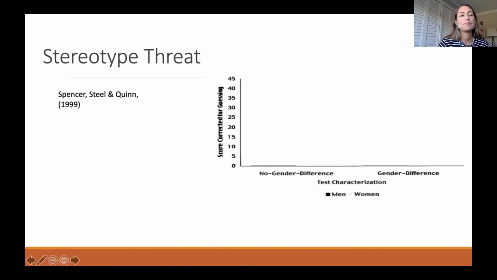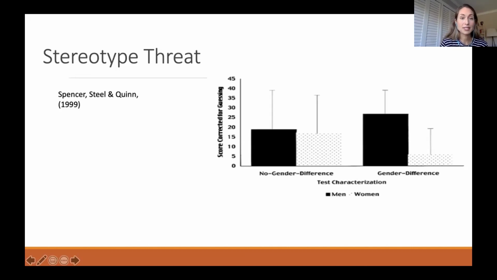So I'll just give you the background framework: the original studies had men and women take a test, and if they were told there's no gender difference on this test, that was one condition. In another condition, they were told there's a gender difference on this test. Men typically outperform women. Basically, what you find is that that's what happens.